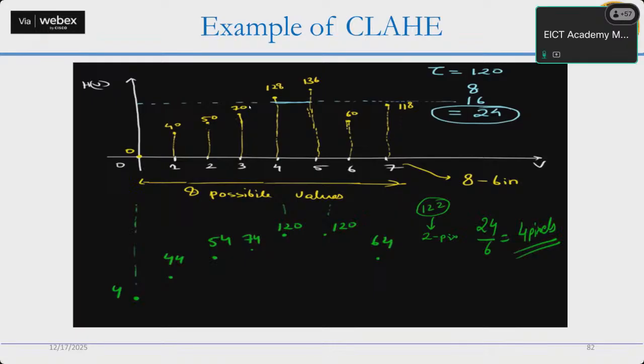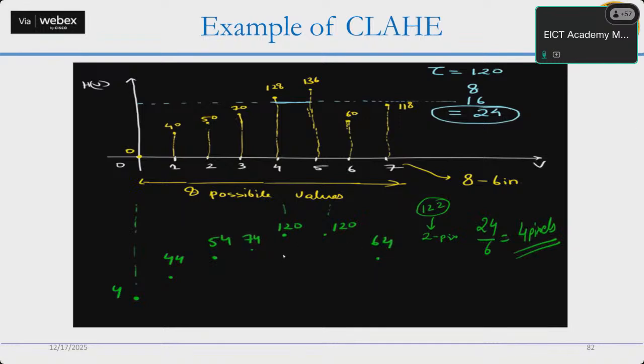Is it understood? Levels 4 and 5 have high contrast, which is where equalization comes in.